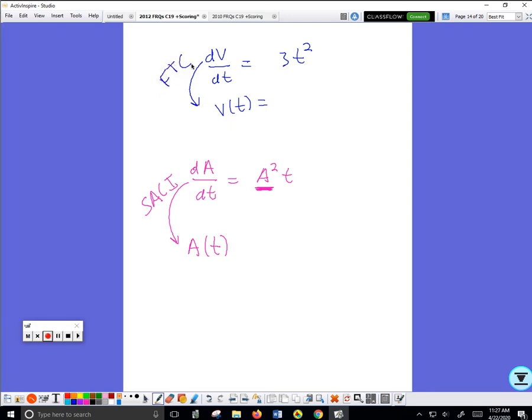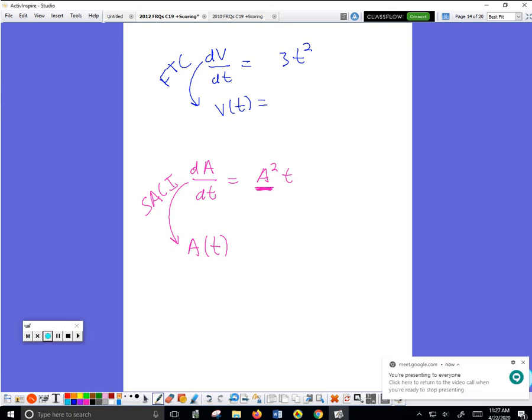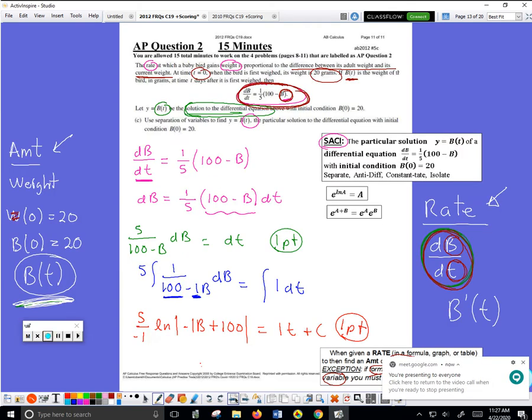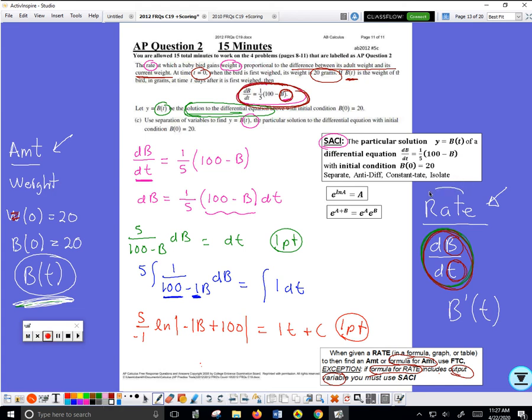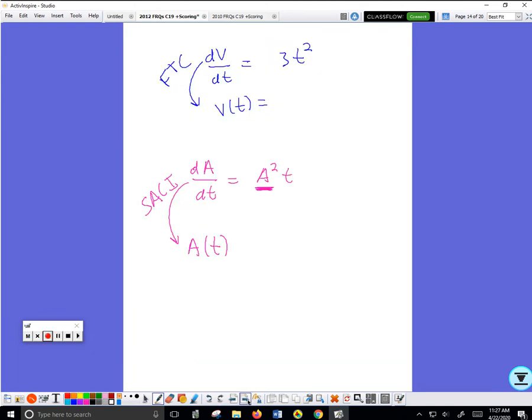That's the purpose of the box I gave you in the golden notes, to help you understand that every time you're going from a formula for the rate to a formula for the amount, if your rate formula has the output variable, then it's Sassi. But if your rate formula does not have the output variable, then it's the fundamental theorem.